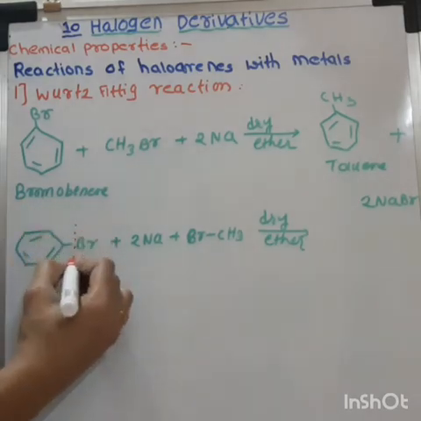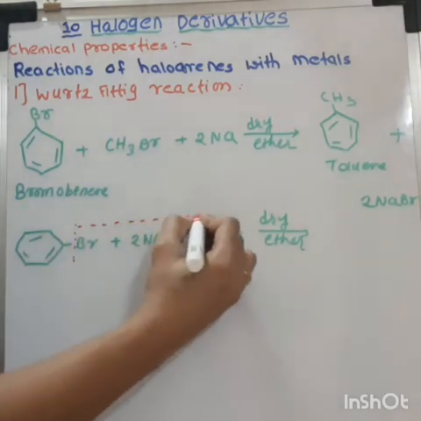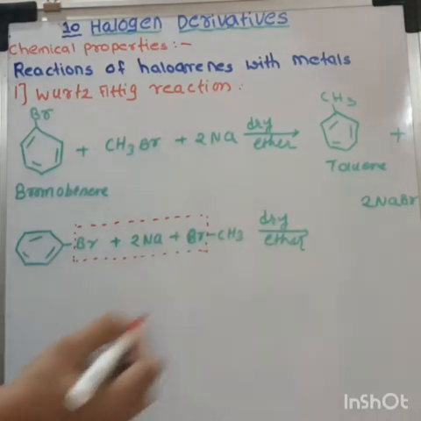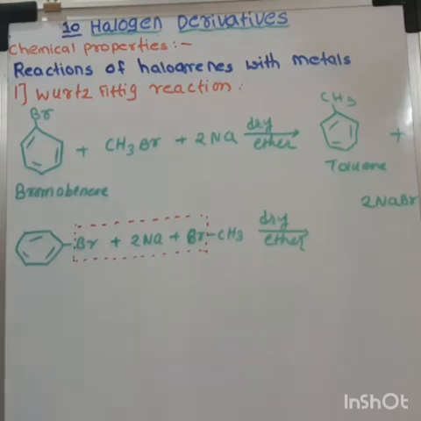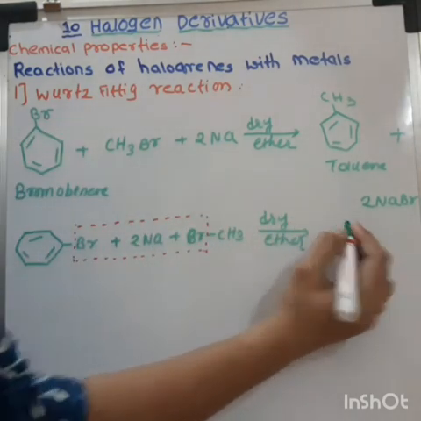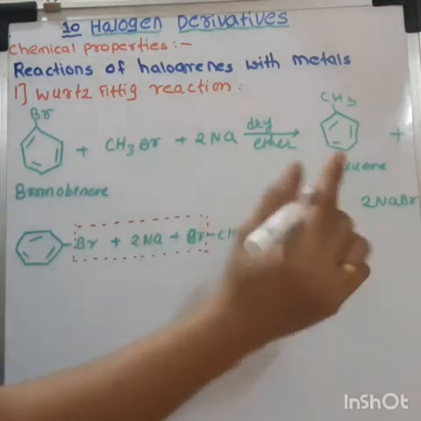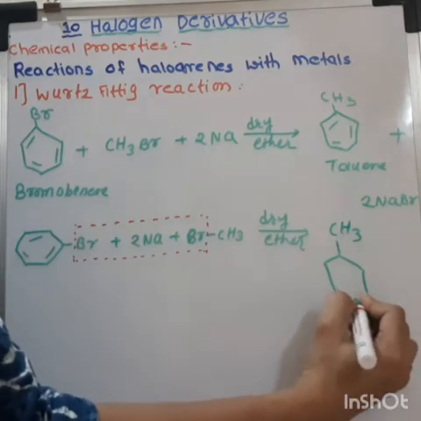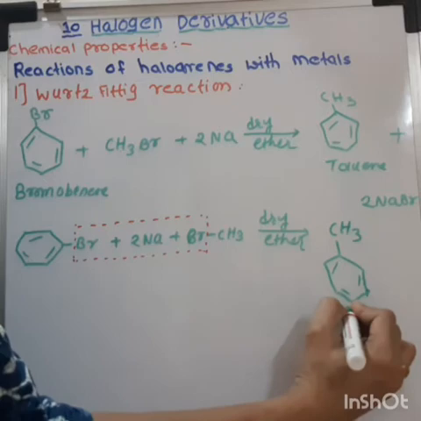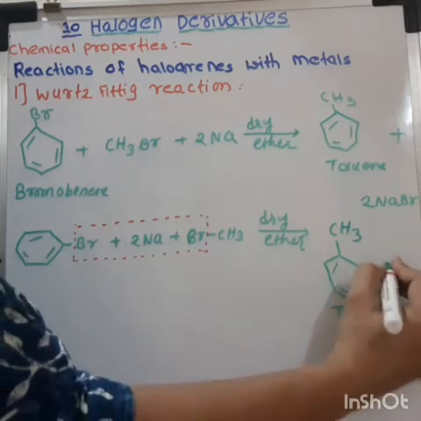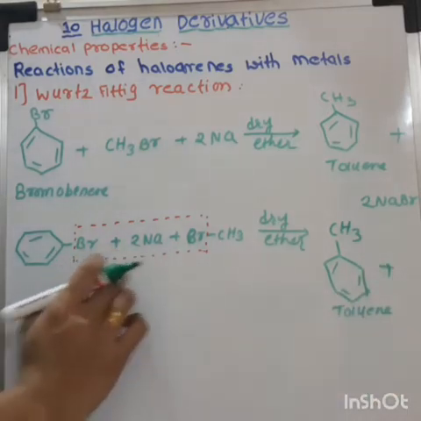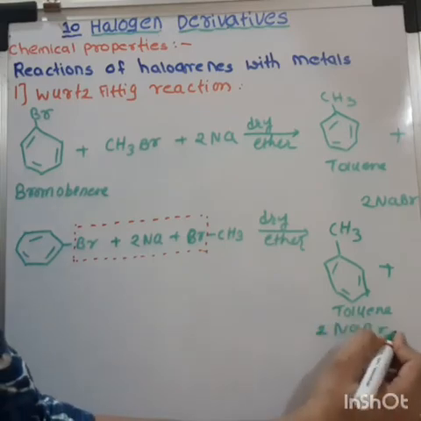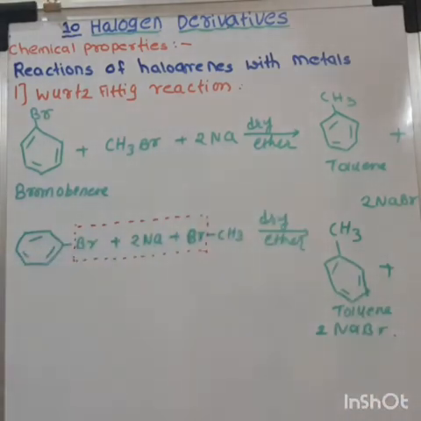We can show the byproduct forming in this bracket, and the product formed is now toluene plus 2 molecules of NaBr. So this is the Wurtz-Fittig reaction.